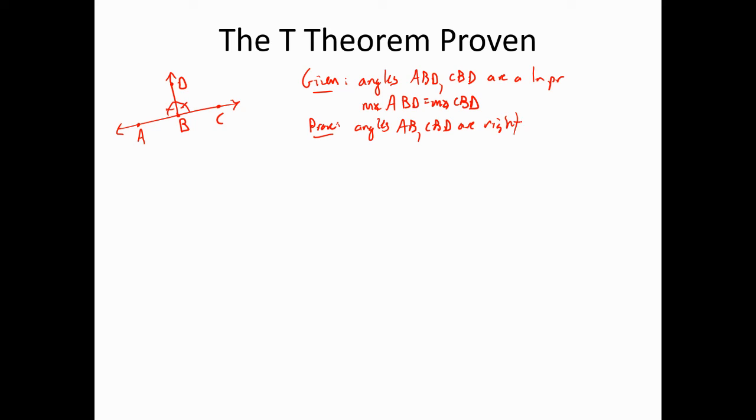Okay, so like I said at the start of the previous proof, it's often extremely helpful to pause and to just think about it before you write it out, to think about why this would be true. And if you can sort of think your way through it, even sort of non-rigorously, then that often gives you a very good clue about how the proof will be constructed. Okay, so we've got this linear pair, right? Which means that the angles are supplementary. Okay, that's the linear pairs theorem, which we just proved.